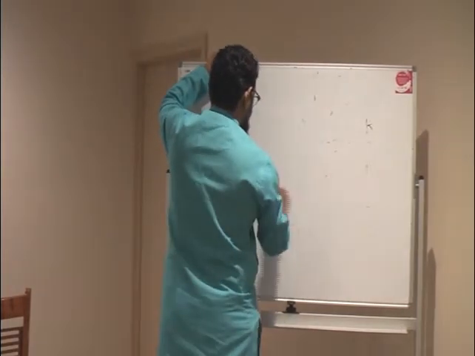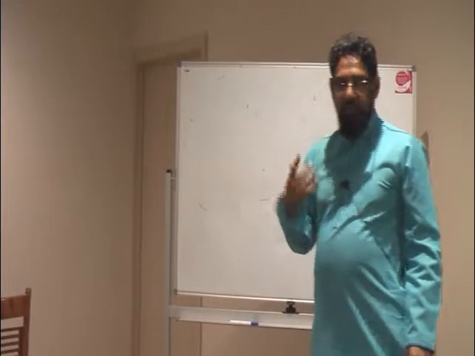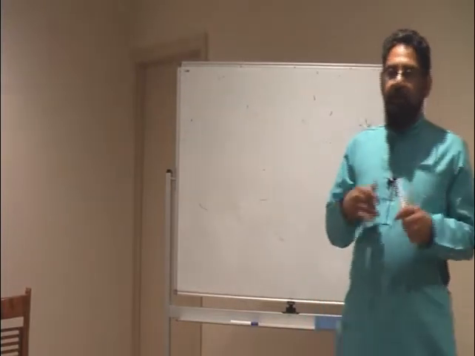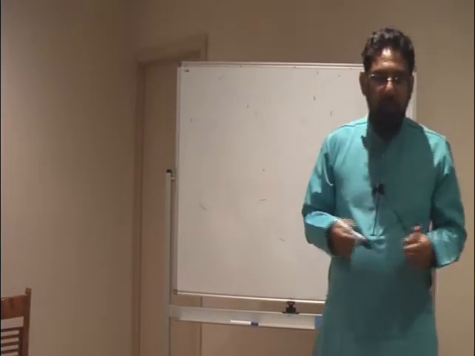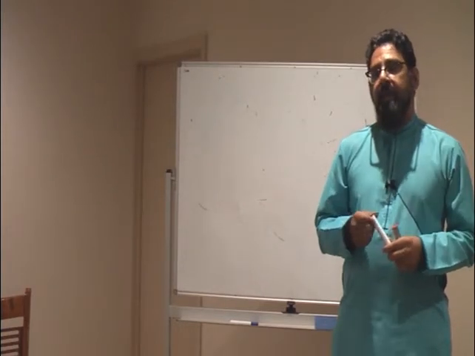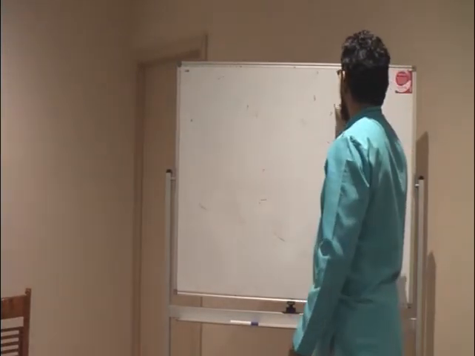Now, I'm just going to add a couple more things, just to add a little bit more to the understanding. So, we said like the mubtada and the khabar, the book is new. If we want to say the book was new, we introduce the word kana.